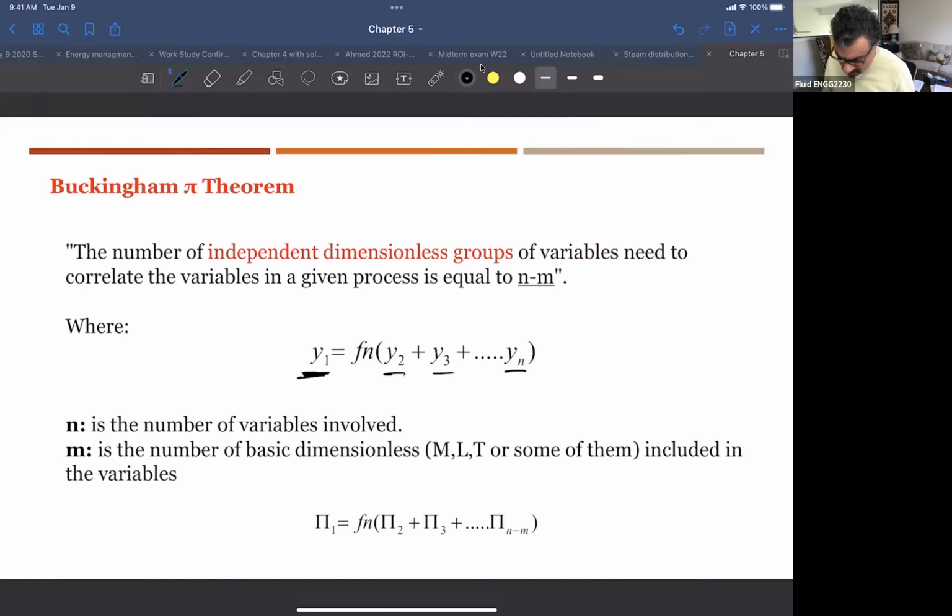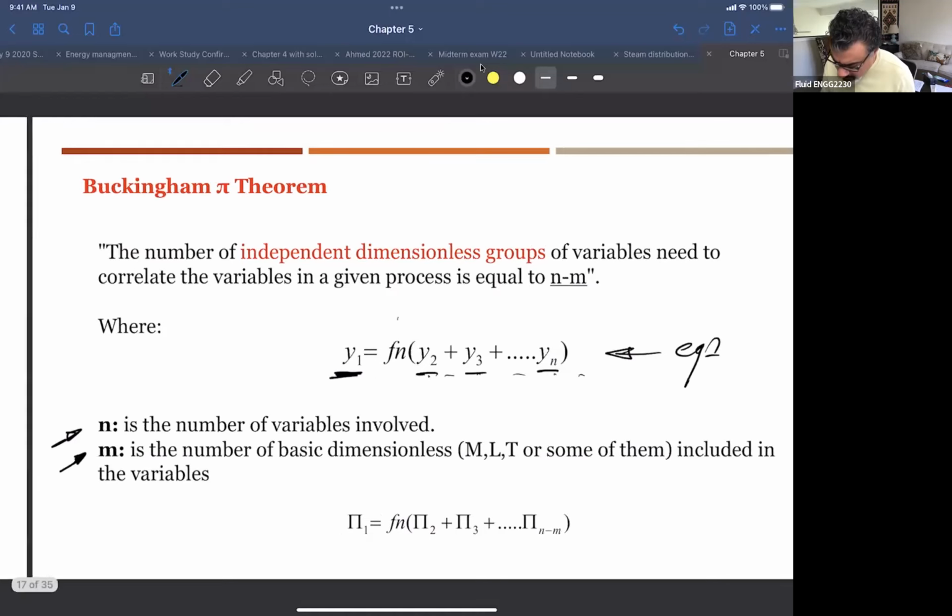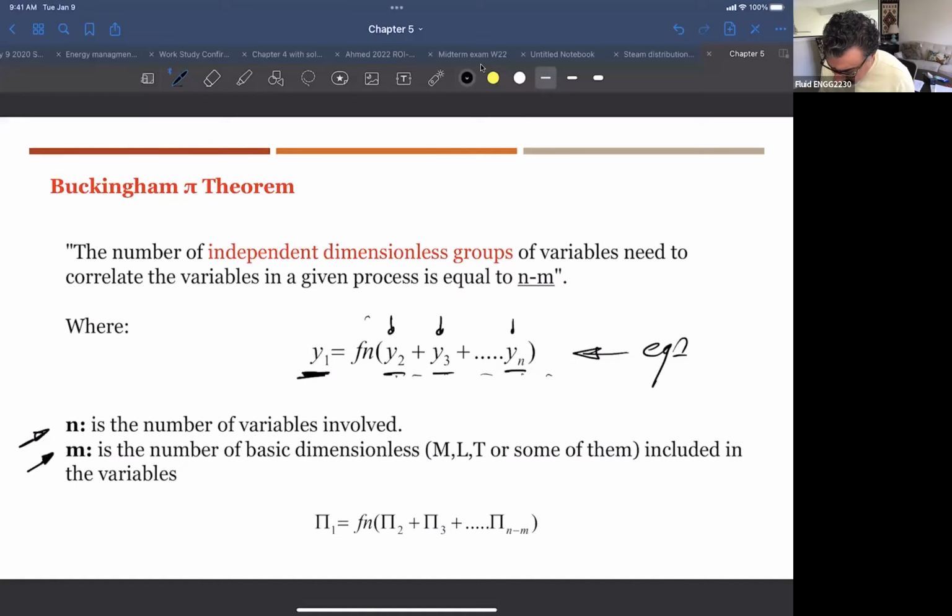But again, M is basically representing the number of basic dimensions, and N is the number of variables. So he's telling you that you can convert this equation, which is a main variable as a function of these variables, but now in a dimensional form, where every one of these parameters has a dimension, has a unit, right?